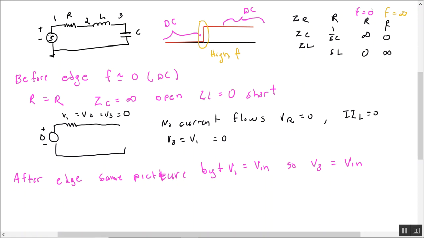So now, instead of a step current input like we had for the parallel RLC, we have a step voltage. Same thing though: before this edge, it's acting like DC, and after this edge, it's acting like DC.